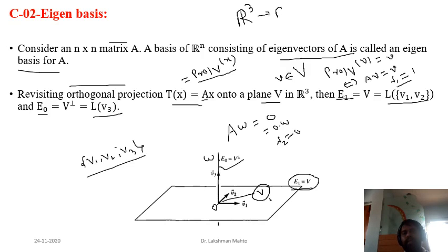And R3 needs three basis elements. So these eigenvectors form a basis of R3, and this special basis consists of eigenvectors. That's why we call this basis an eigenbasis of R3. So you got one eigenbasis with respect to the orthogonal projection. An interesting relation is that V3 will always be perpendicular to V1 and V2.